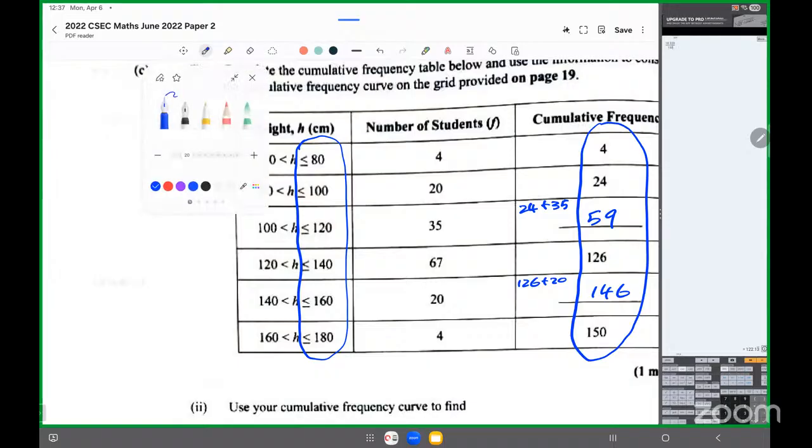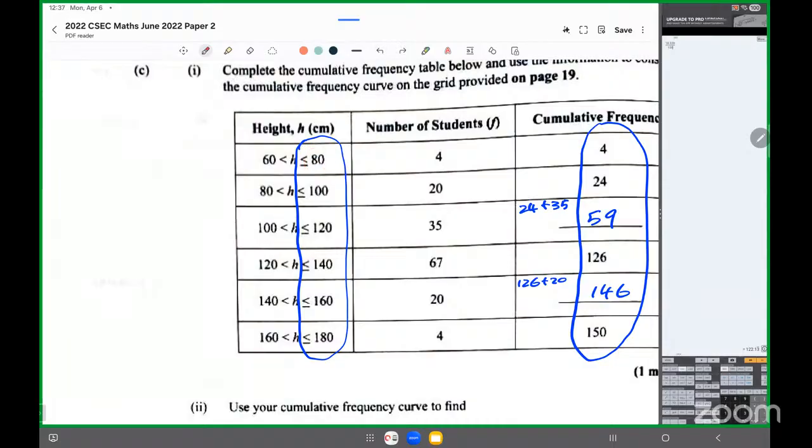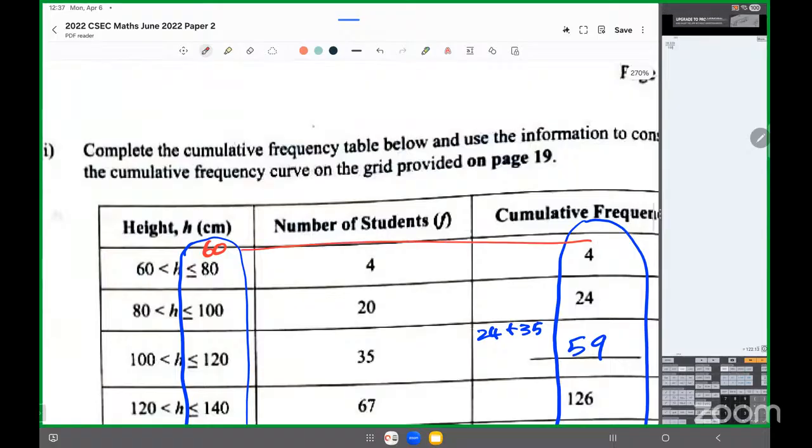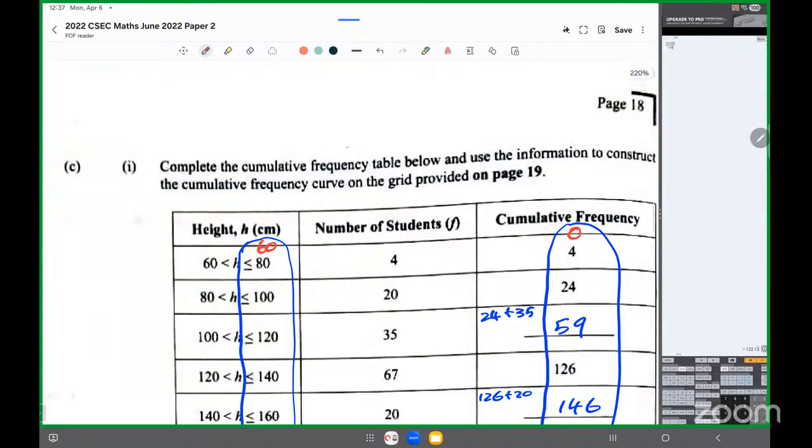I must always bring a graph down to 0. So the value before 80 would have been 60, and 60 is a frequency across here of 0. I must always bring a cumulative frequency graph down to the x-axis by putting the value before this one. It's going up by 20, so the value before 80 would have been 60, and that's a frequency of 0.